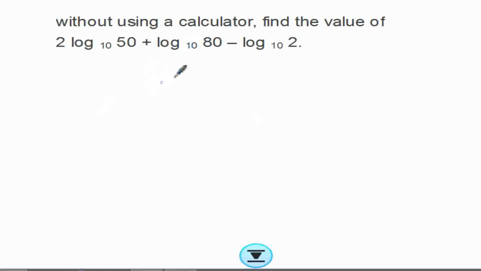So first, I'm going to summarize for you the laws we are going to use in this question.